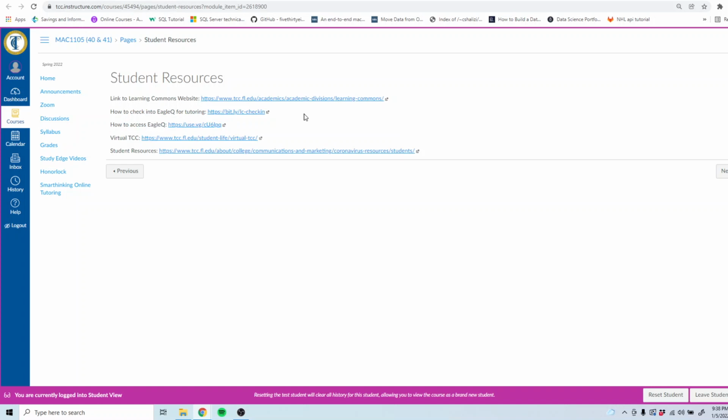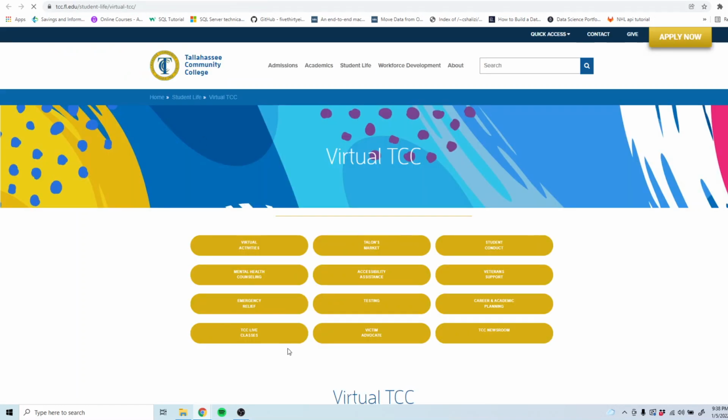It'll tell you how to get on the Learning Commons virtually. Virtual TCC, this is just a little website, I'll click on it for you, where you can access many of the outside-of-class departments, but virtually, so you don't have to go in person.